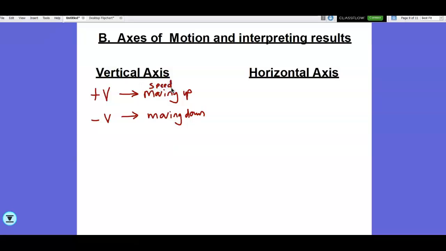So it tells you your speed at which you're moving up, and it also tells you your speed at which you're moving downward. If you're talking about a horizontal axis, then a positive velocity would tell you the speed at which you're moving to the right. And a negative velocity would tell you the speed at which you're moving to the left.